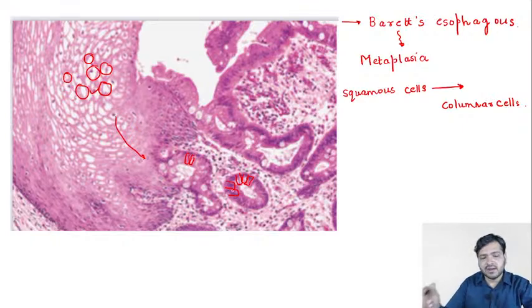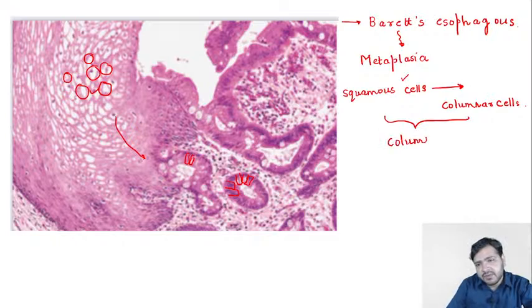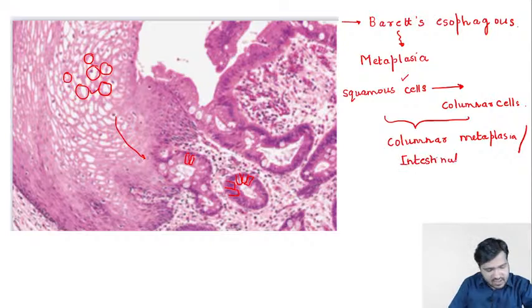This type of metaplasia in which squamous cells are undergoing change to form the columnar cells is called columnar metaplasia, or it is also known as the intestinal metaplasia, guys.